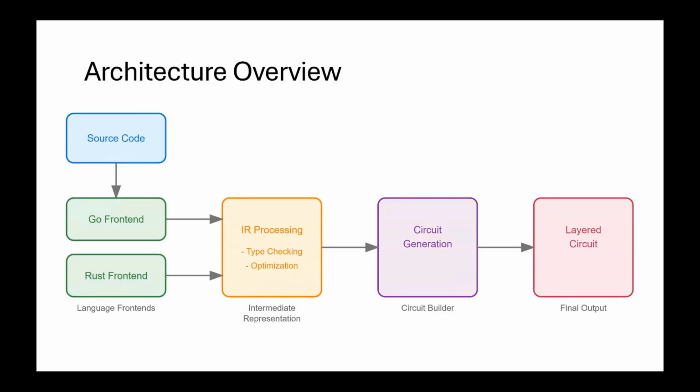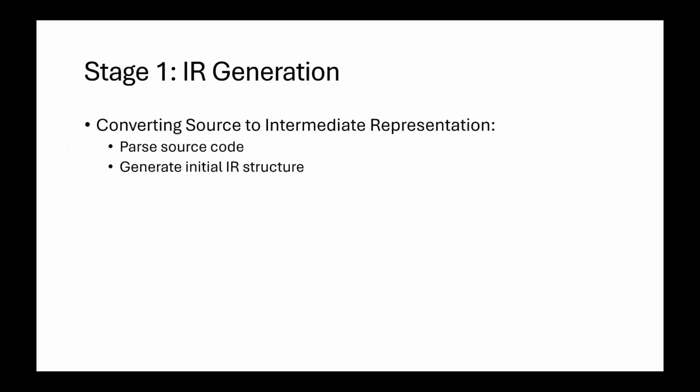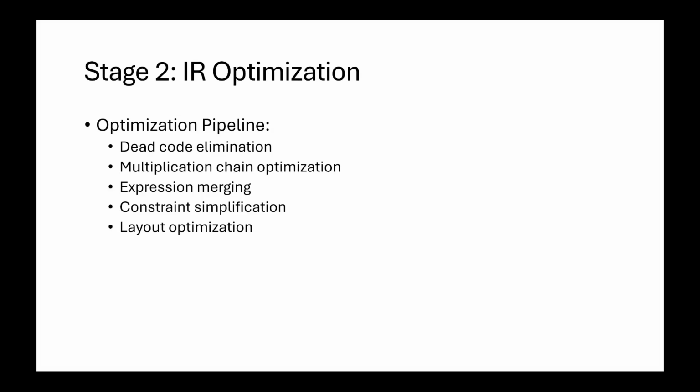We continue to go through this architecture. In the IR processing, this is stage 1, the IR generation. It converts the source to intermediate representation. There is a builder. It parses source code and generates an initial IR structure. Then this IR structure will be optimized.